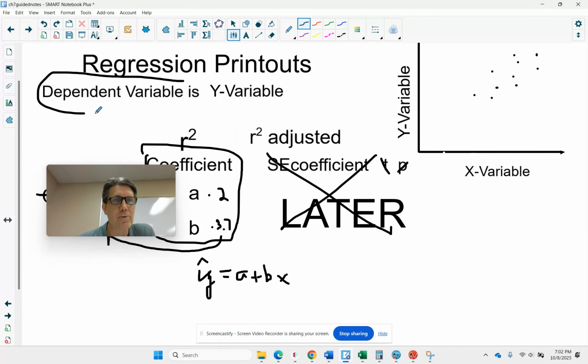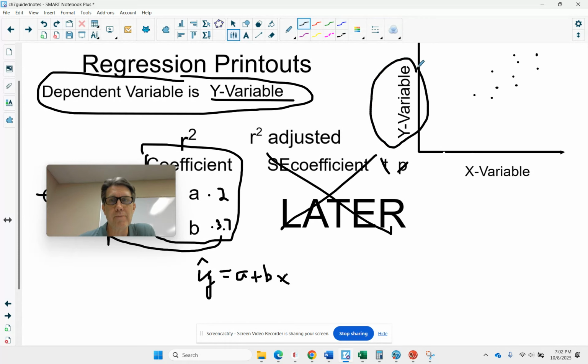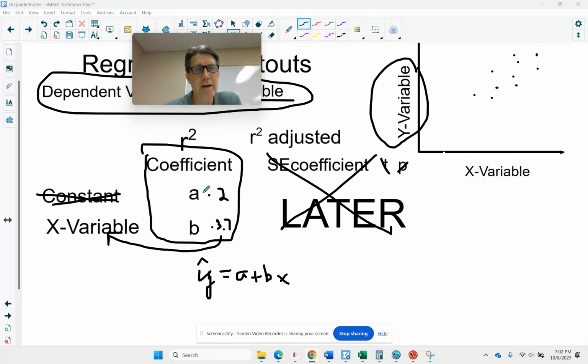Somewhere it might say, the dependent variable is study time or something like that. It'll say the Y variable. Or if it has a graph, it'll say the Y variable here. It'll also say the X variable here. But in that regression printout, you can get the right side of the equation, the a plus bx, from the number here and then the X variable.